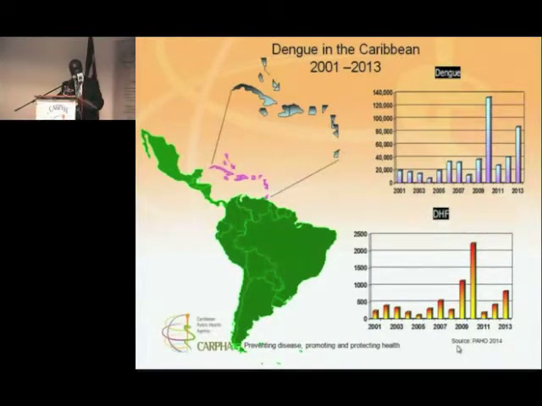And again, what we see in the Caribbean, as in other parts of the Americas, is an increase in the number of cases between 2001 and 2013, and again, that sort of spike every 5 years or so, which indicates an epidemic or an outbreak.